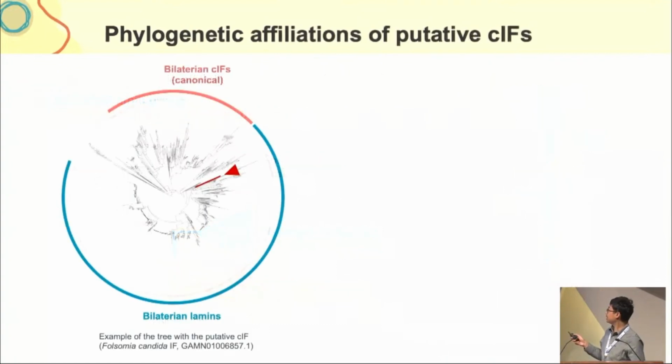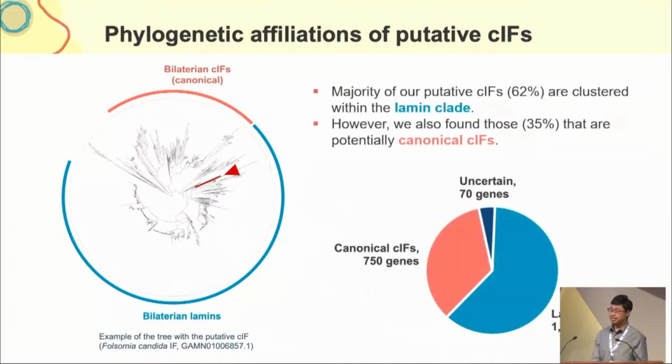And this is one example of the trees that we made. It's a little bit hard to see, but in this tree, our putative cIF is clustered within the lamin clade. So in this case, its affiliation should be assigned as lamin. So now let's see the whole result.